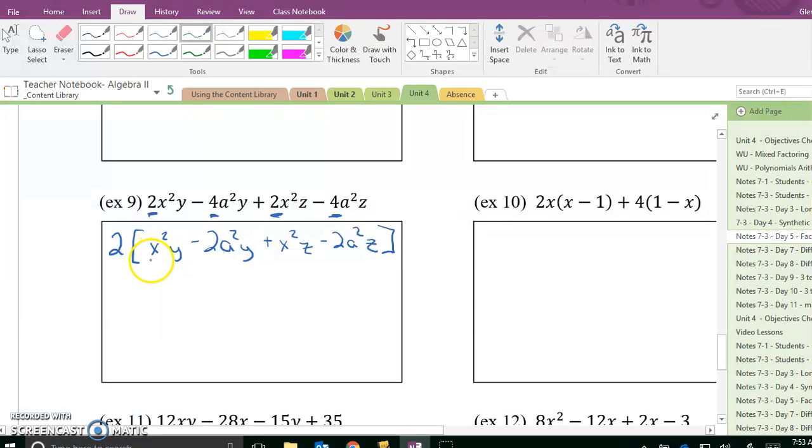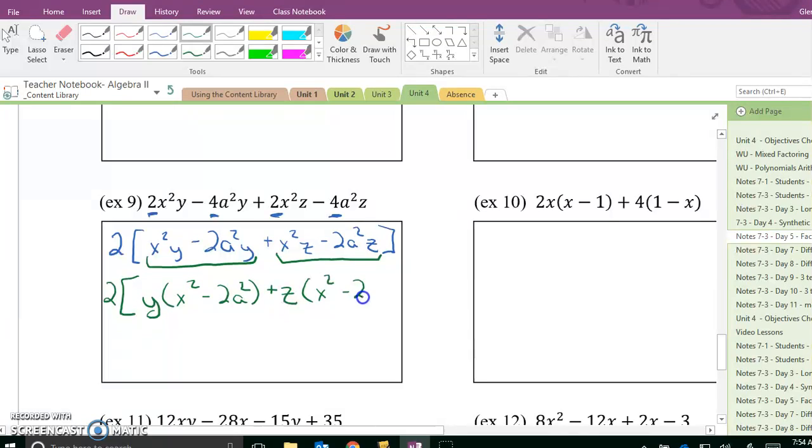Now again, I'm looking to factor by grouping. In this case, it looks like I have a y in common, so y times x squared minus 2a squared. And then over here, it looks like I have z in common, so plus z times x squared minus 2a squared.